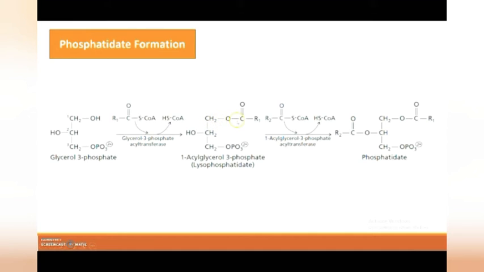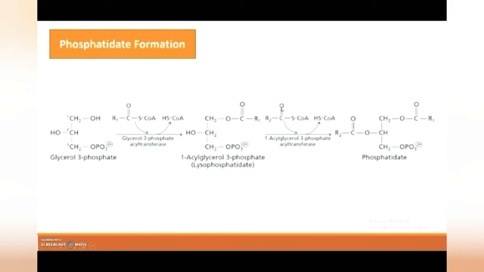At C number 1, the hydroxy functional group has been changed into an ester group, CH2OCOR1. But at C number 2, the functional group is still hydroxy, so we change it again, catalyzed by 1-acylglycerol 3-phosphate acyltransferase, with the same steps as before.